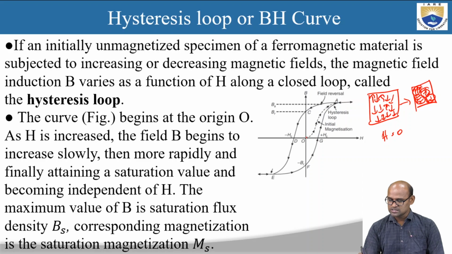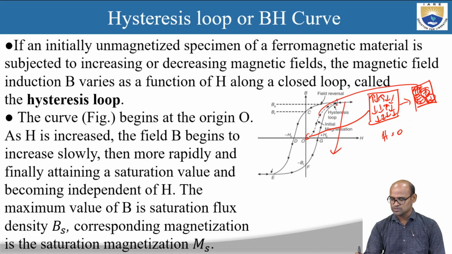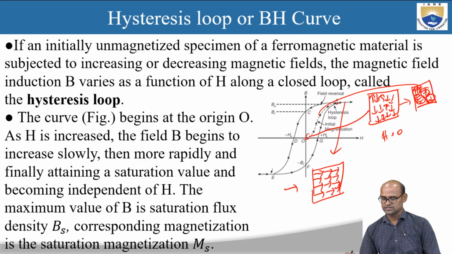This picture belongs to no magnetization. As you increase further and further, you reach the point of saturation, where all the spins present in the magnetic material are oriented in the direction of the applied magnetic field. That is why you get saturation in the magnetization.